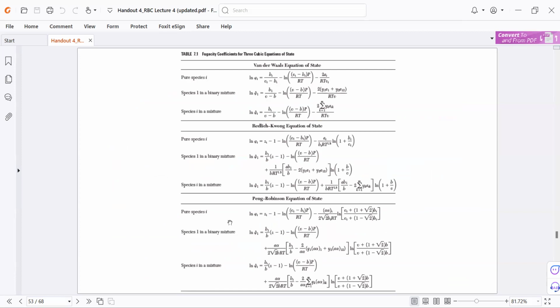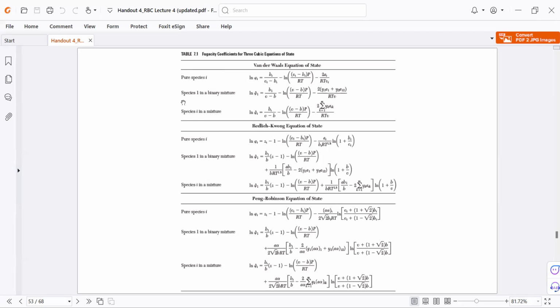Particularly, in this slide, I'm showing you three cubic equations of state: Van der Waals, Redlich-Kwong, and Peng-Robinson. So if you will remember, we have equations for each of these equations of state for pure species i. Okay, so there you have it on the first row for each group.